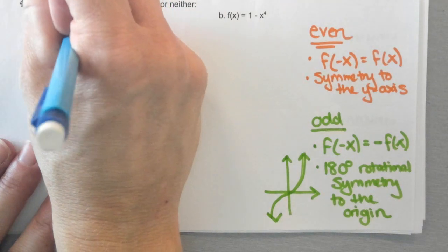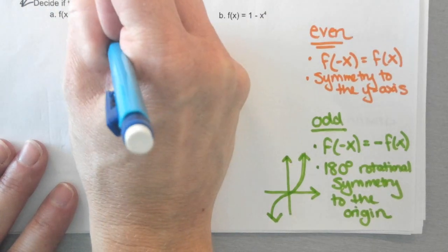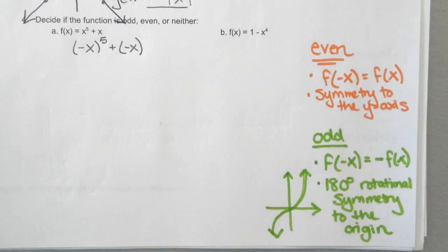We plug in a negative, and we see what happens. It's like a little experiment. What happens if I plug in a negative? And again, you're plugging it in right in parentheses. If it turns out to be the same thing, it's even. If all the signs switch, it's odd. If it doesn't do one of those two things, it's neither.